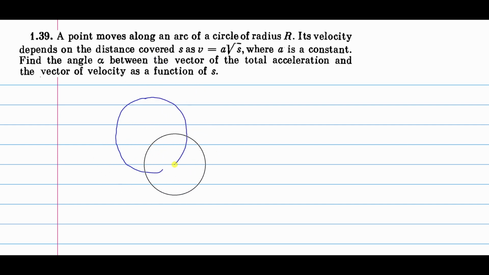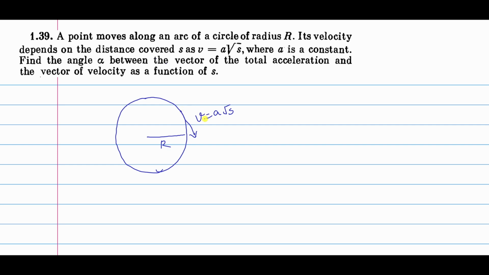of radius r, and there is a point that is moving along the arc of the circle. I mean, that's moving tangential to the circle with velocity equal to a under root s. S is the distance it is covering.